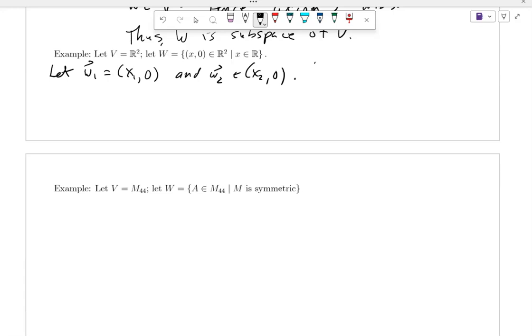So under addition, let's just add them. What is w1 plus w2 equal to? Just add the first components together, the second components, and when you add them together, you get 0. Does that have the correct form? Yeah. The form just says the first can be any real number, but the second component has to be 0. So this is back in W.